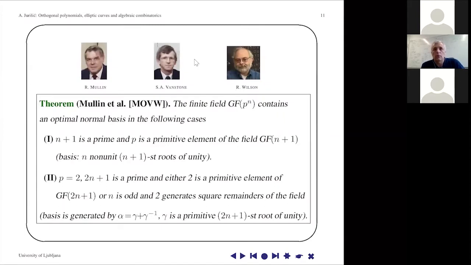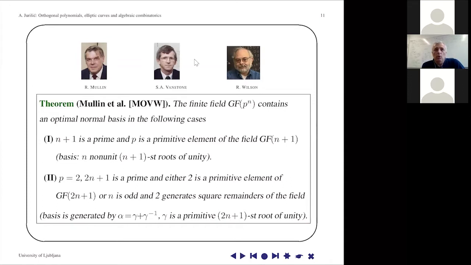And the answer was yes. These were the three authors. Unfortunately, I wasn't able to find the student Tuzichuk, who was a student of these guys and already did most of the work. But anyway, they proposed two constructions of normal basis, and they call them optimal normal basis if they reach this bound.